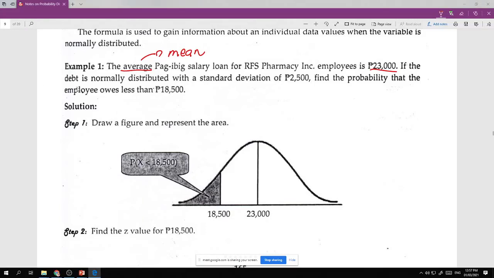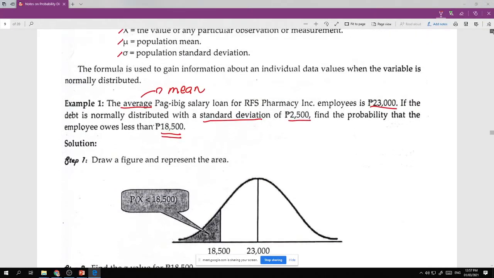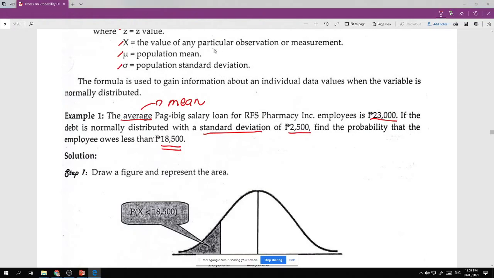Next, if the debt is normally distributed with the standard deviation, for sure this is our standard deviation. So the problem is really a matter of identifying what each value is. Find the probability that the employee owes less than 18,500. This is our X. X is the value of any particular observation or measurement.